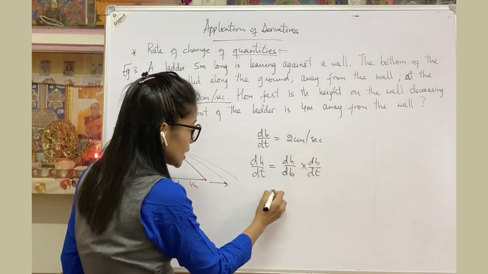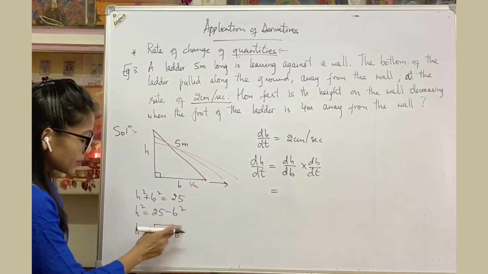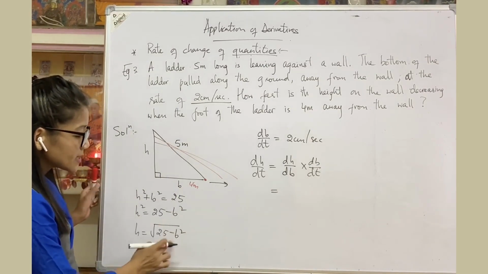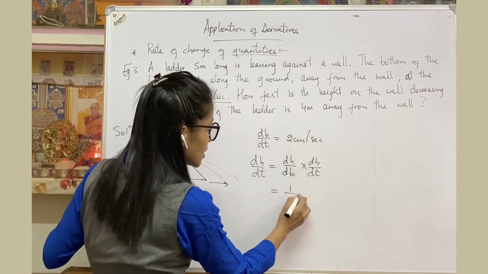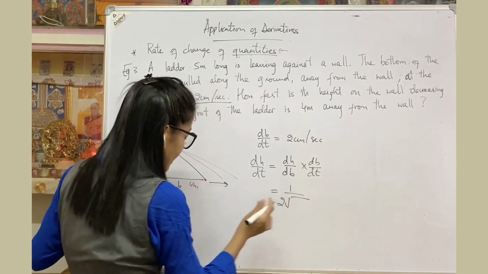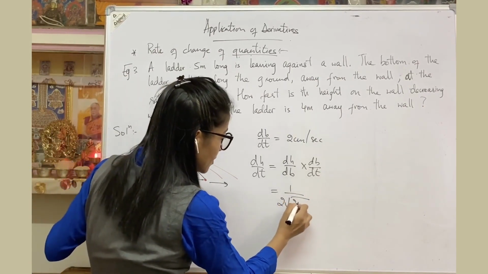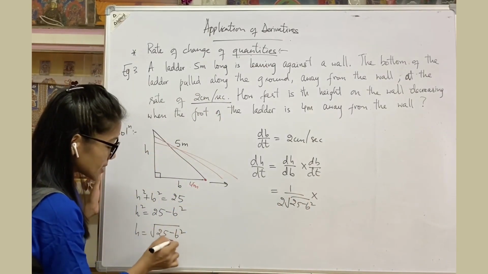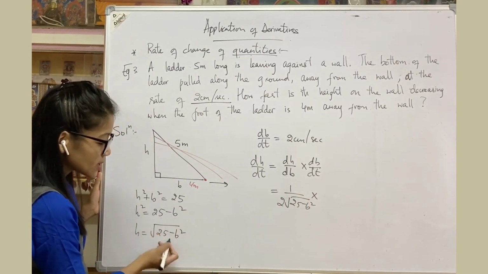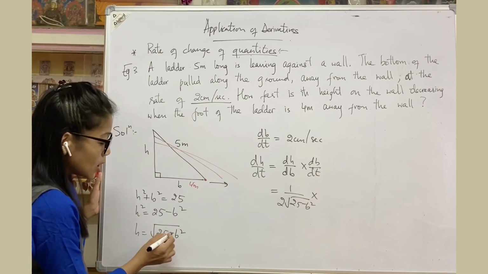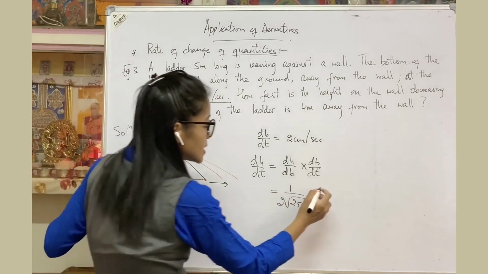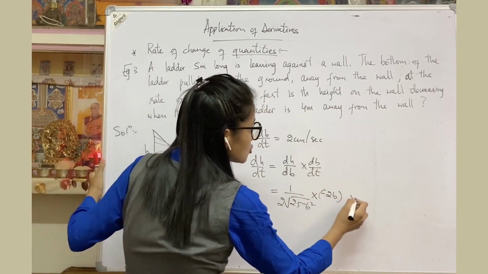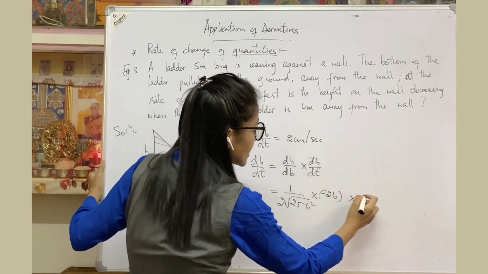Now first let me differentiate dh by db. It's a square root function, so that will be 1 upon 2 root of 25 minus b square, into the derivative of the term inside the square root. 25 is a constant, so its derivative is 0. Negative b square gives negative 2b, into db by dt, which is given as 2.